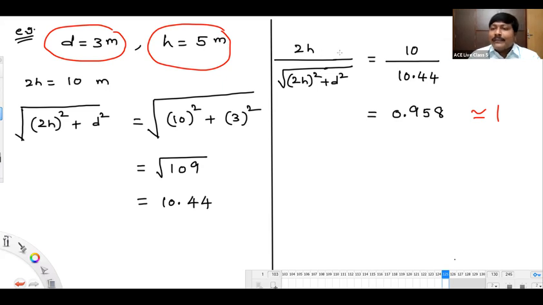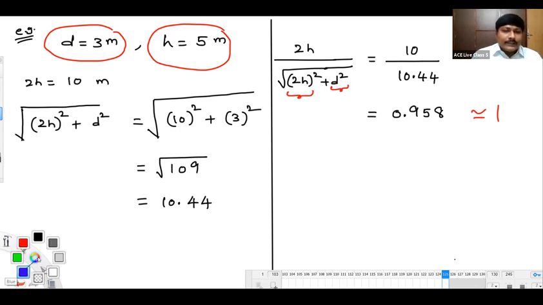That is when D square is very, very less compared to 2h whole square. At that time, the summation will be close to 2h whole square only, the square root will give 2h, and 2h will be cancelled.